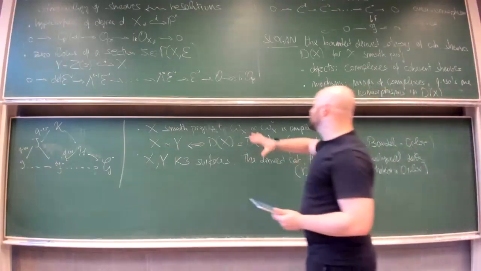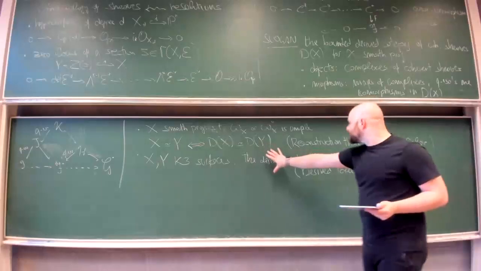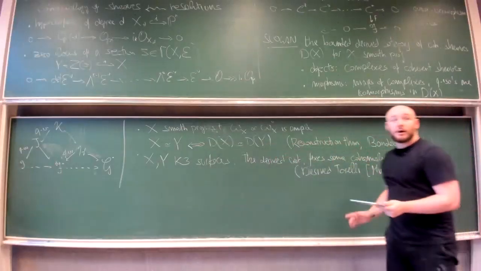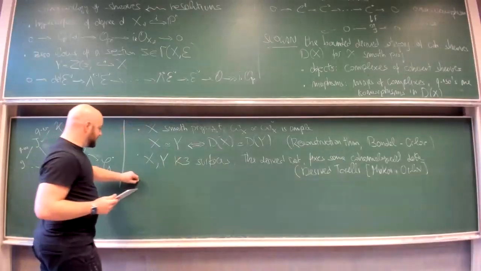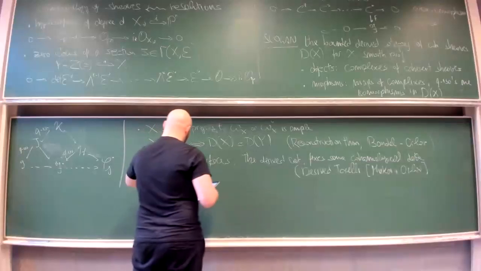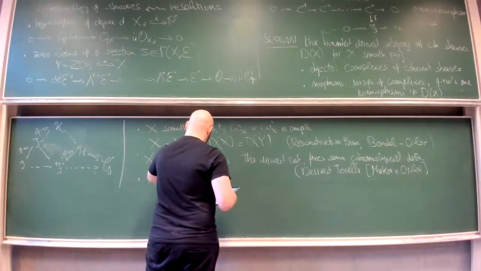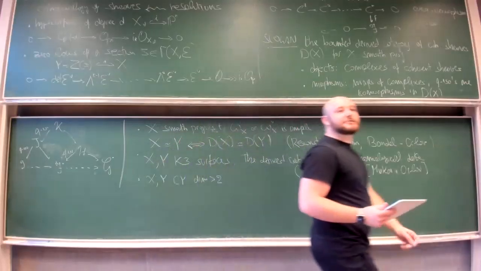Then one can think, well, here we have that the derived category fixes the isomorphism class. Here it doesn't, but it still fixes some kind of geometric data. What about higher dimensional Calabi-Yau varieties? So X and Y Calabi-Yau, dimension bigger than 2. Here it fails spectacularly.